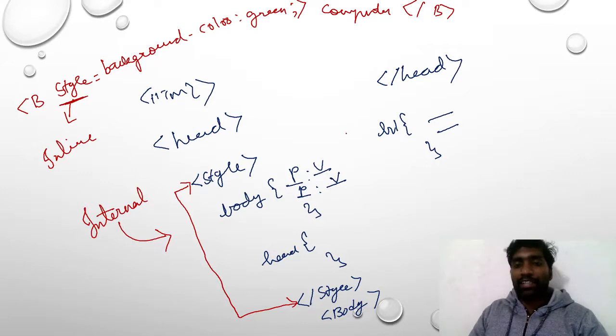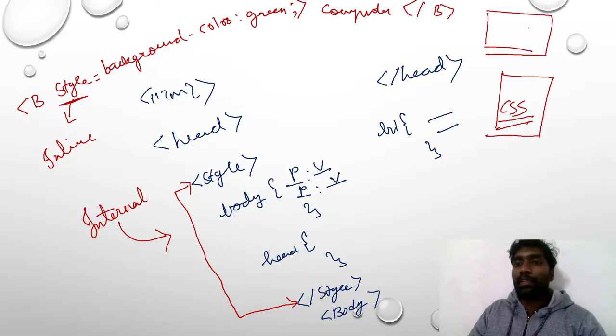And last one is the external. External means I am not going to give you an example, because if I do you will get confused. External means one file full of only CSS, full of designing. You keep it somewhere on your computer, on the desktop, and here you keep CSS.